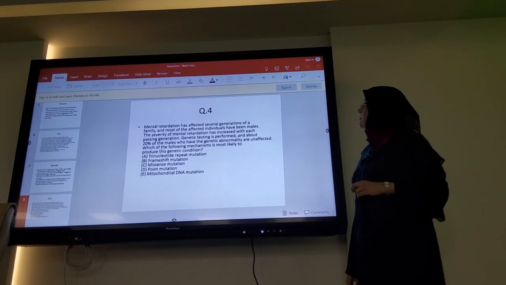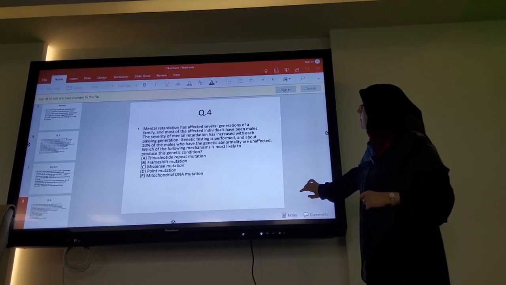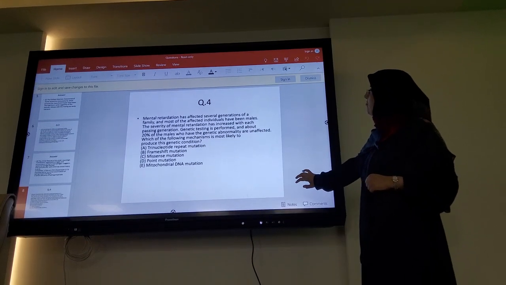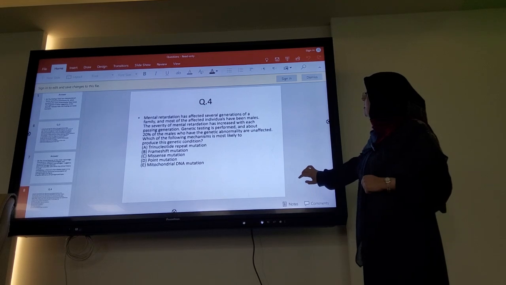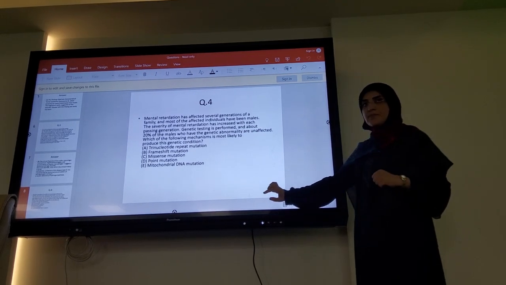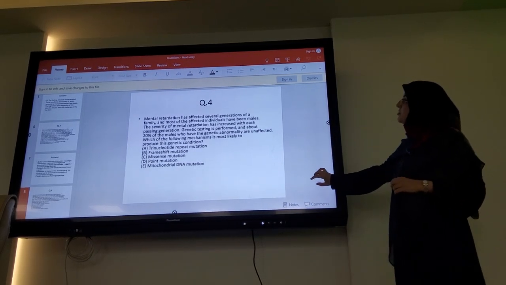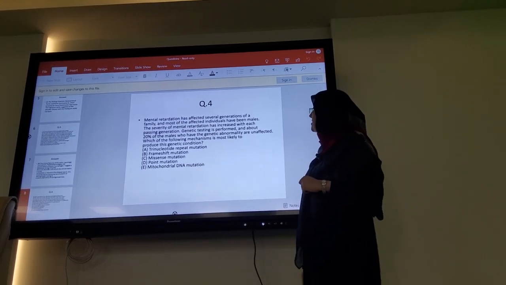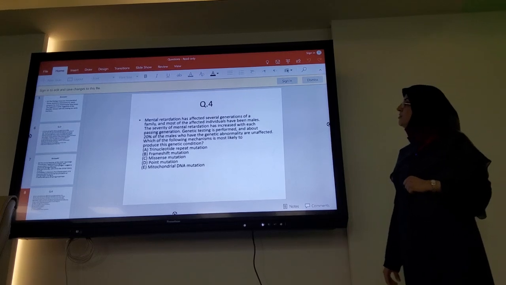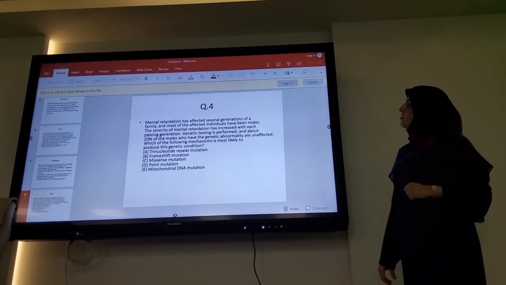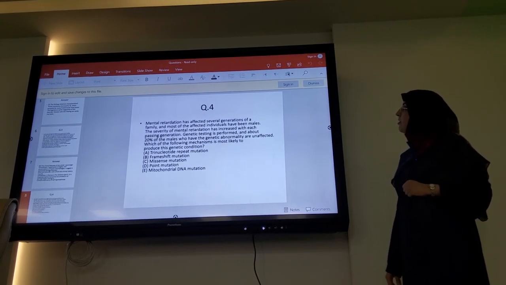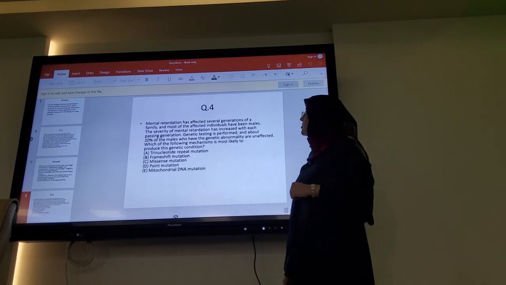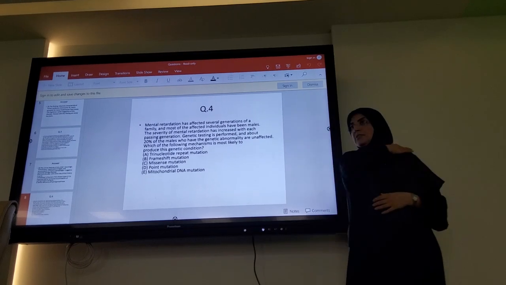Mental retardation has affected several generations of a family, and most of the affected individuals have been males. The severity of mental retardation has increased with each passing generation. Genetic testing is performed, and about 20% of the males who have the genetic abnormality are unaffected. Which of the following mechanisms is most likely to produce this genetic condition?